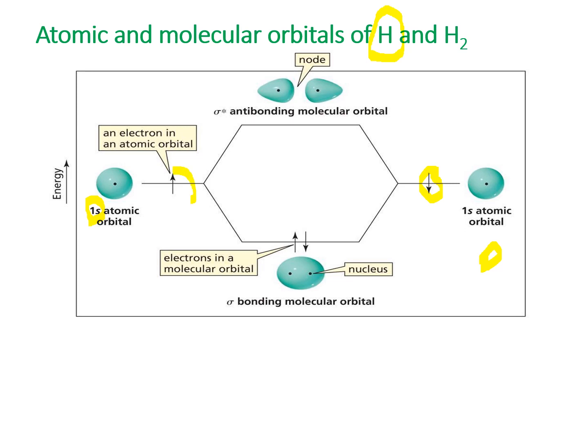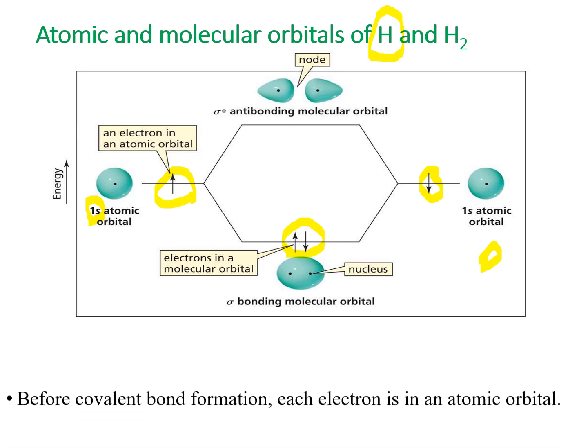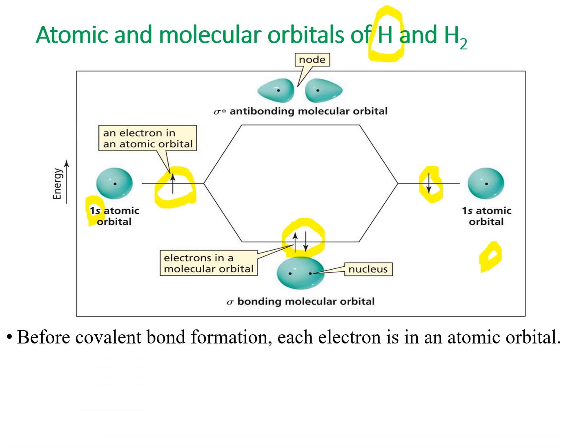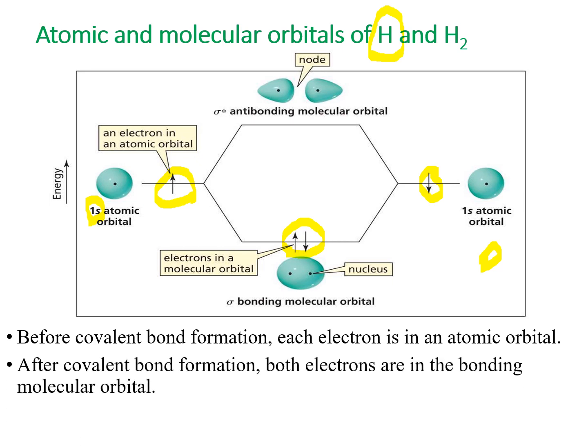These two atomic orbitals combine to form two molecular orbitals, and the electrons are in the bonding molecular orbital, while the anti-bonding remains empty. Before covalent bond formation, each electron is in an atomic orbital. After covalent bond formation, both electrons are in the bonding molecular orbital. The anti-bonding remains empty.